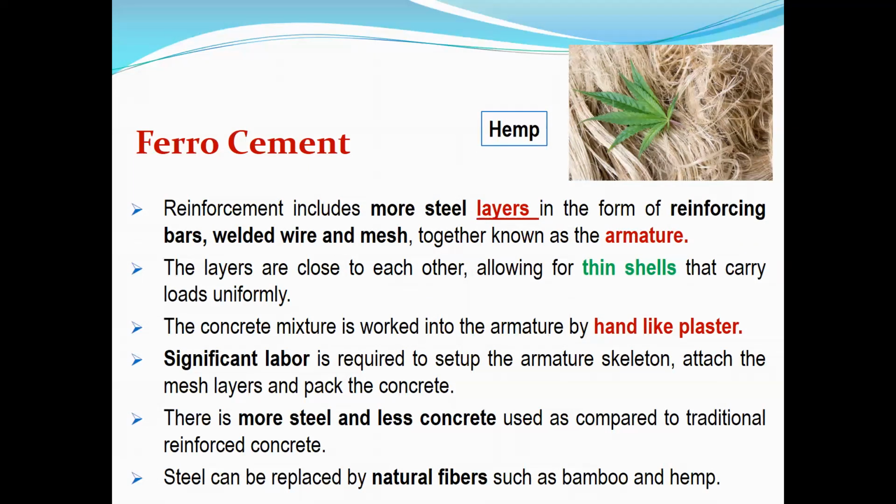Armature means the khacha, the cage. ঠিক আছে, reinforcing bar, welded wire আর mesh দিয়ে এবং number of steel layer দিয়ে একটা armature তৈরি করা হয়, খাঁচা, and these layers are close to each other so that the thin shell can carry loads uniformly.